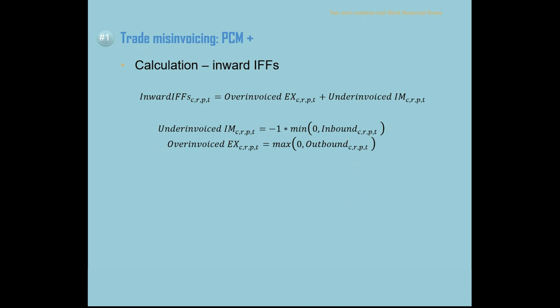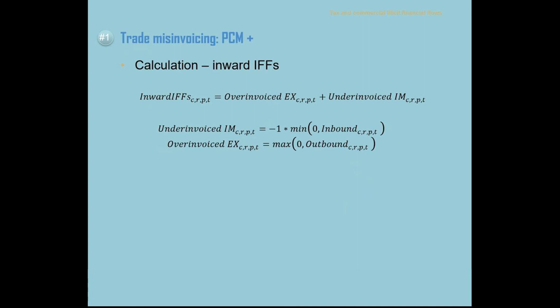Then we can sell it, let's say on the black market or somewhere else, for the value of 100. So we are essentially inflowing this difference, this $30. So the inward illicit financial flows are a sum of over-invoiced exports and under-invoiced imports.